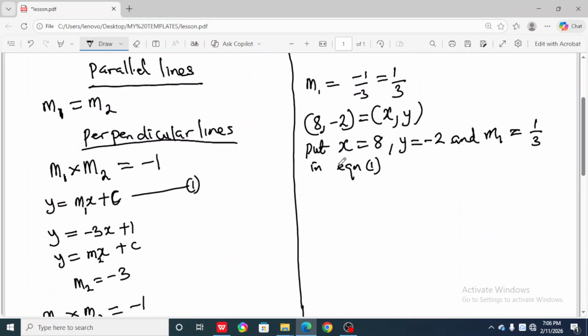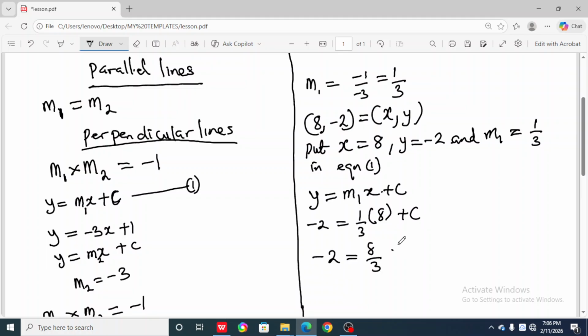Now let's bring down the equation. Equation 1 is y equals m1 x plus c. So if we put all this in, y is minus 2, equal to m1, which is 1 over 3, multiplied by x, which is 8, plus c. So we have minus 2 equal to 8 over 3 plus c.